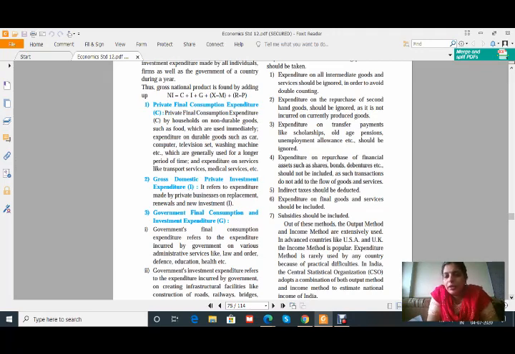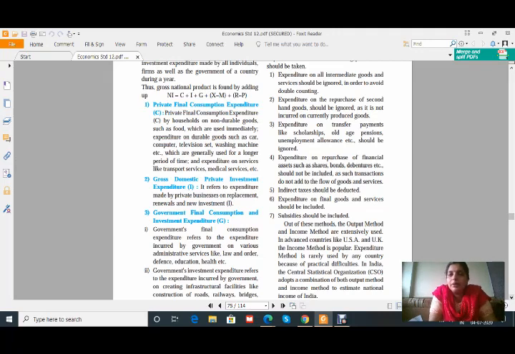Let us see what is given in the end paragraph, that out of these methods, the output method and income method are extensively used, most of the countries use the output and income method. In advanced countries like USA and UK, the income method is popular. Expenditure method is rarely used by any country.